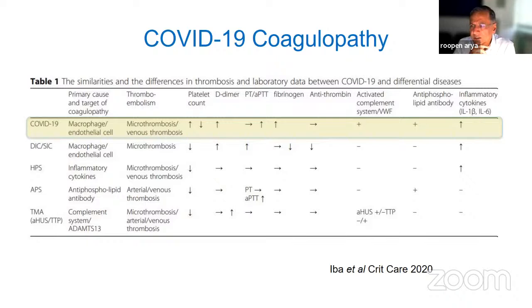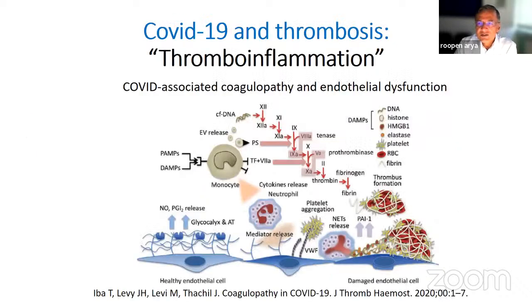And again, the data showed very, very good correlation, unsurprisingly, to inflammatory cytokines like IL-1 beta and IL-6. So again, this concept of immunothrombosis or thromboinflammation became very fashionable.